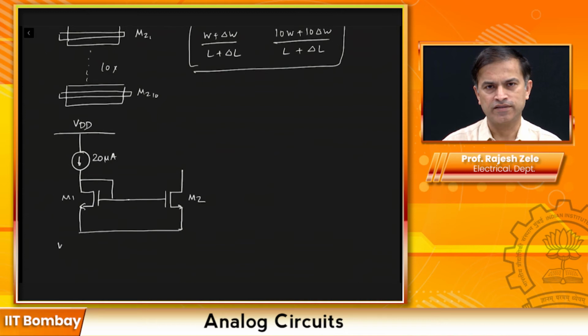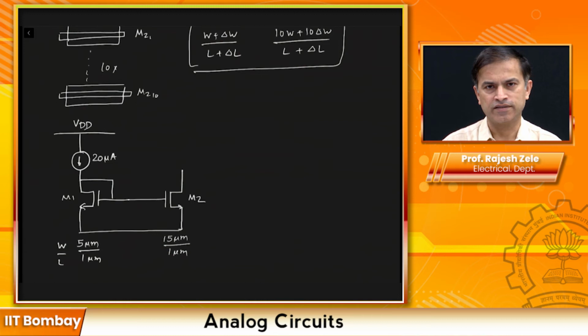Let's say for some reason, due to other analysis, we have figured out that W by L should be 5 microns by 1 micron. Now you could be tempted to just make single transistors of 15 micron by 1 micron. What we discussed just now is this is not a good idea, because the transistors M1 and M2 will not match very well with each other. So instead what you would like to do is the following.